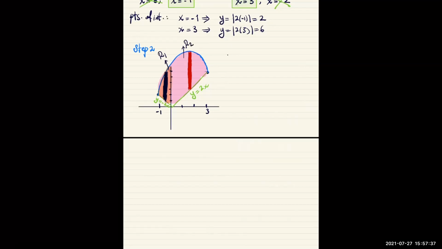Okay, so the area of R1 is equal to the integral from -1 to 0. Again, this region runs from -1 to 0.